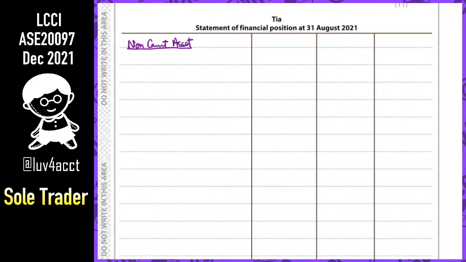So you have the cost, accumulated depreciation, and also the carrying value. You have premises, computers, total non-current asset.